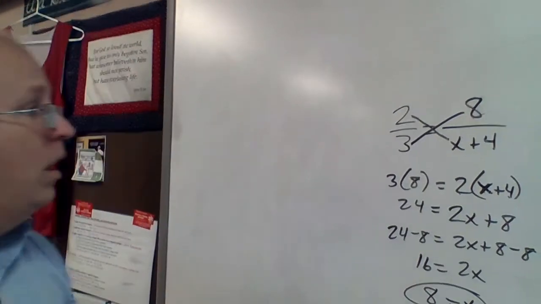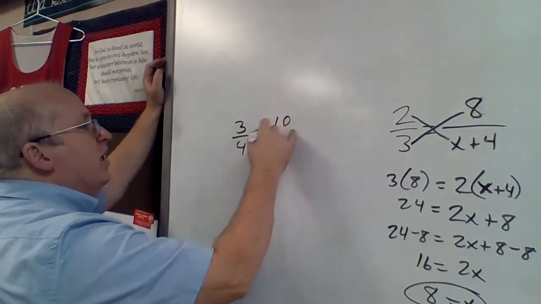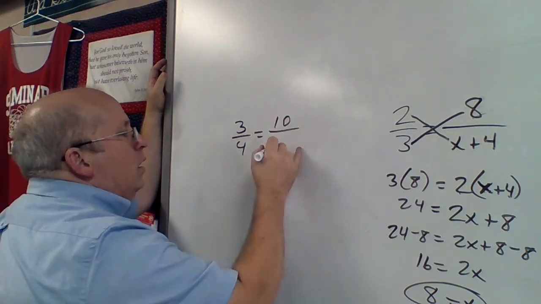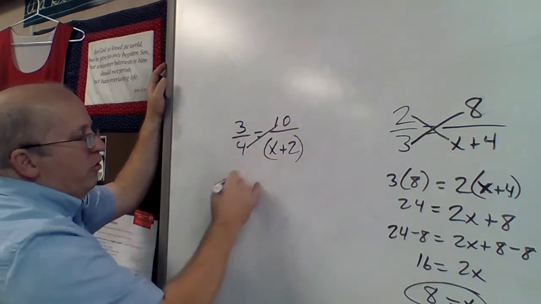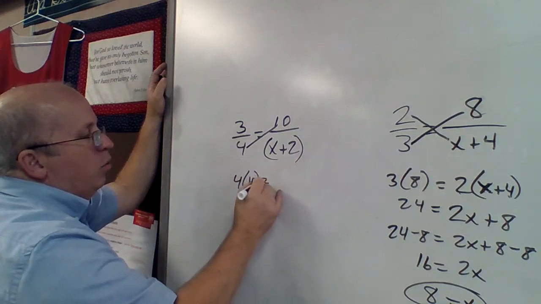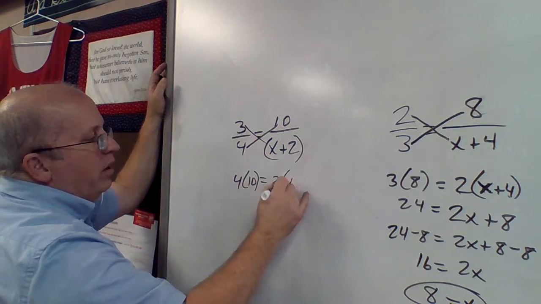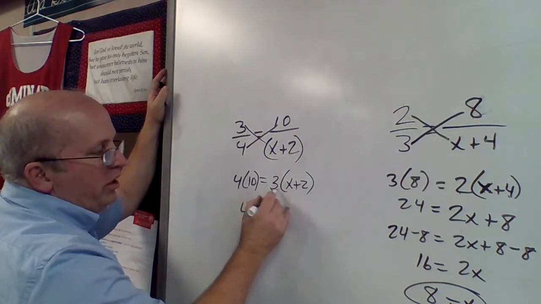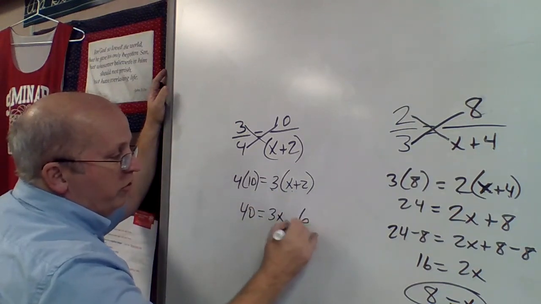Okay, let's try that with one more problem. How about 3/4 equals 10 over x plus 2? So cross products, 4 times 10 equals 3 times the quantity x plus 2. This is 40, and this is going to be 3 times x, and then 3 times 2, which is 6.